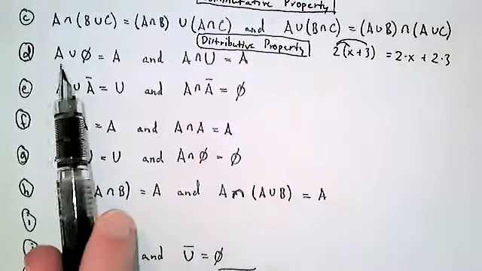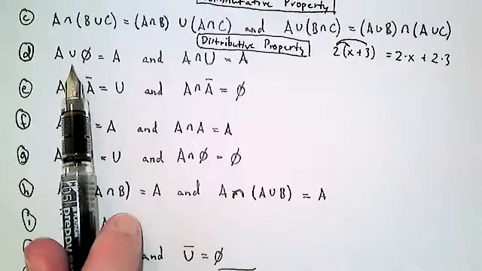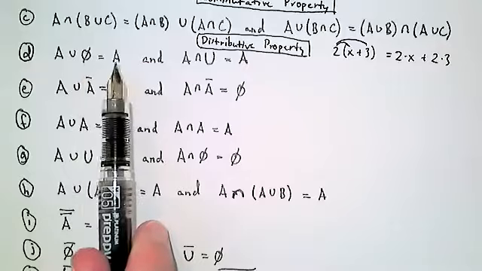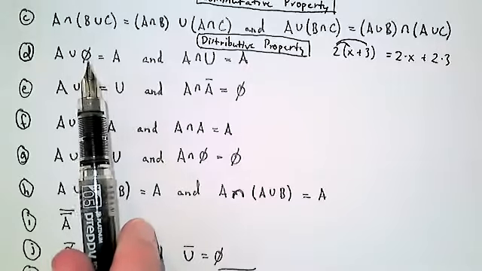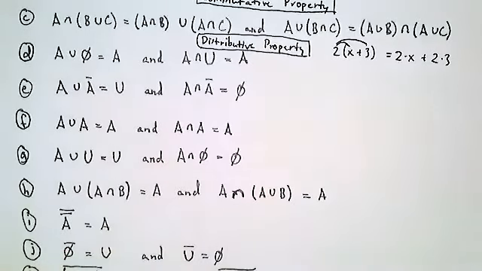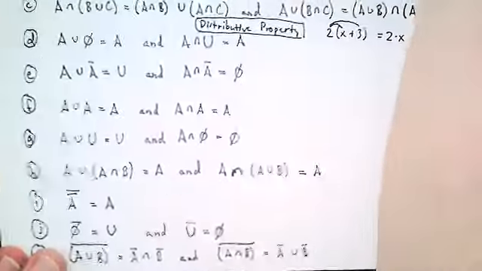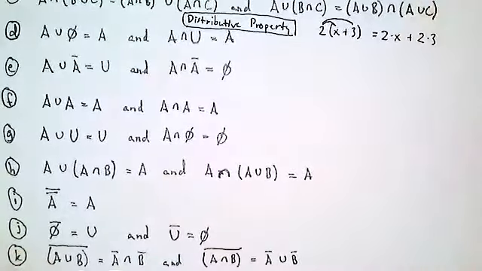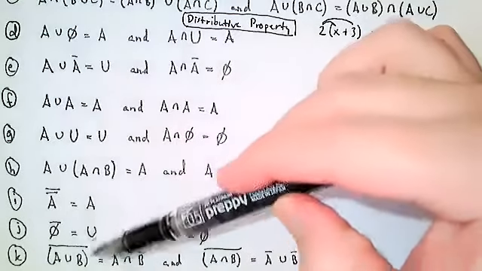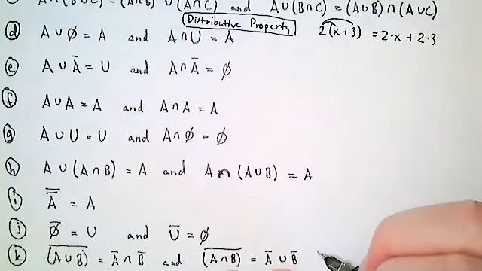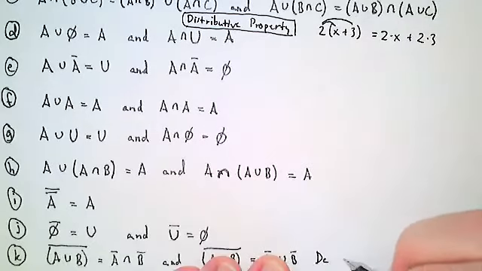For example, D, this first part, we have A union with the empty set. So I'm taking some set and I'm adding nothing to it, and nothing happens. So this is like adding 0, for example. And just keep on going down to the bottom of the page. This last one I should point out as being important. It's called De Morgan's law.